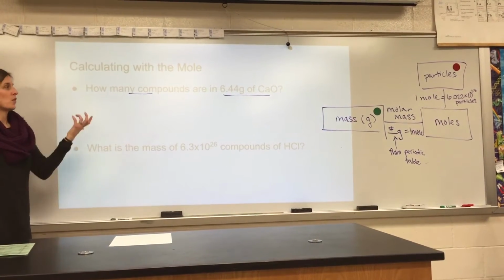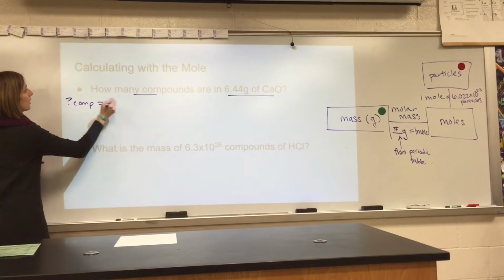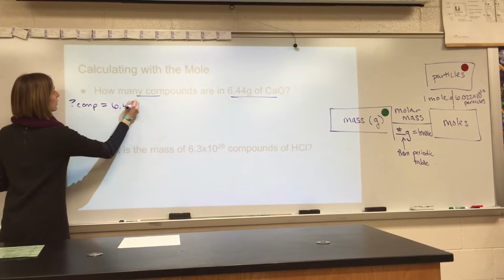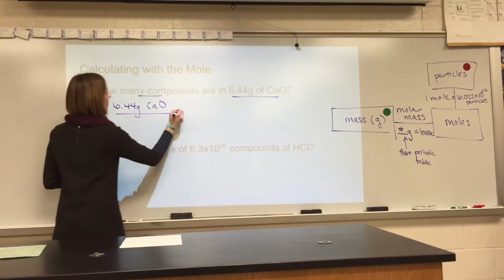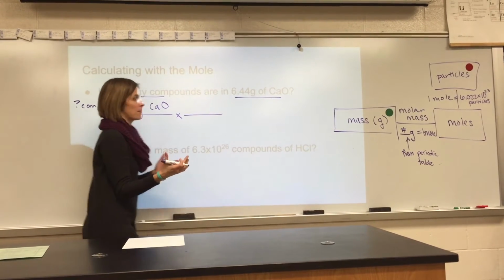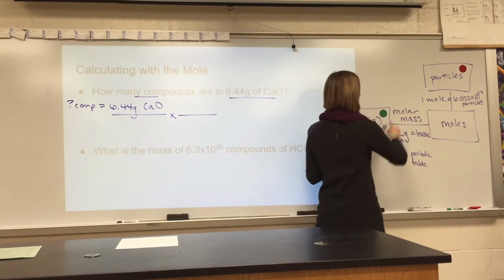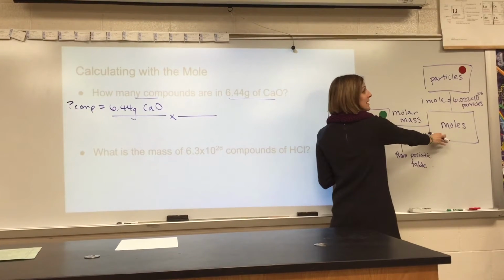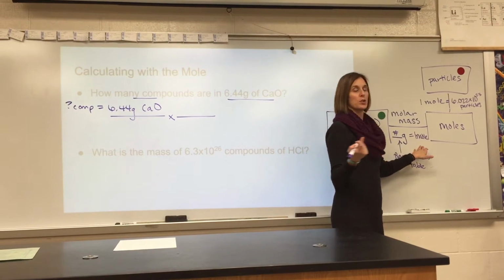So we're going to set it up just like we've been doing. So I want to know how many compounds are in 6.44 grams of calcium oxide. So if I look at my mole map, I'm starting with mass. I want to turn it to moles, so I'm going to use my molar mass to help me get into this mole box. Where my grams come from my periodic table, then it's always equal to 1 mole.